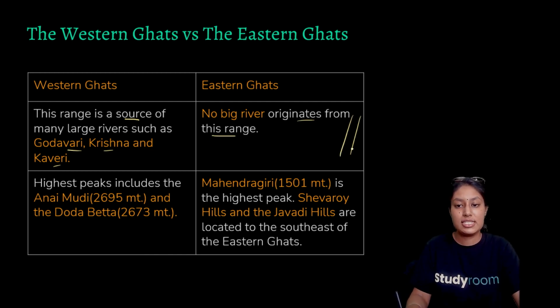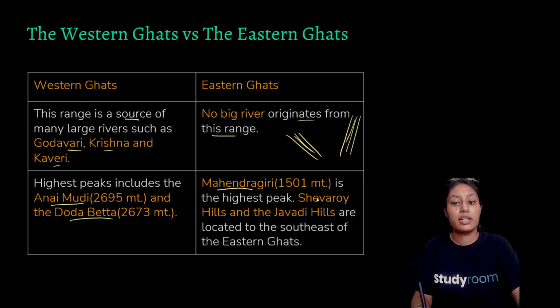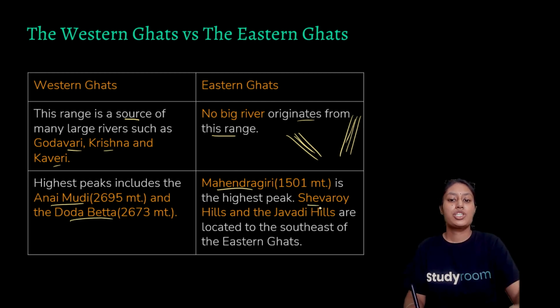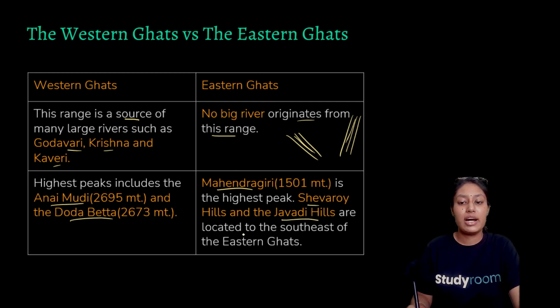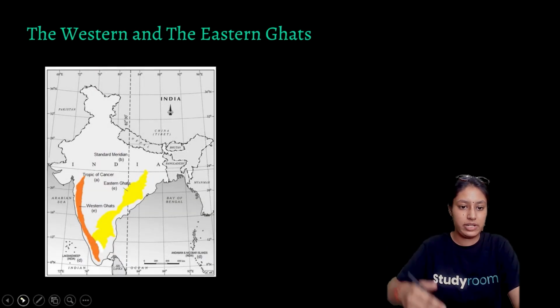Okay, so in the eastern side of the country there are no such rivers. The highest peaks include Anamudi and Doddabetta, and in the eastern side, Mahendragiri is the highest peak, and others like the Shevaroy Hills and Javadi Hills are located in the southeastern part of the Eastern Ghats. Okay, these basically come under the very south.